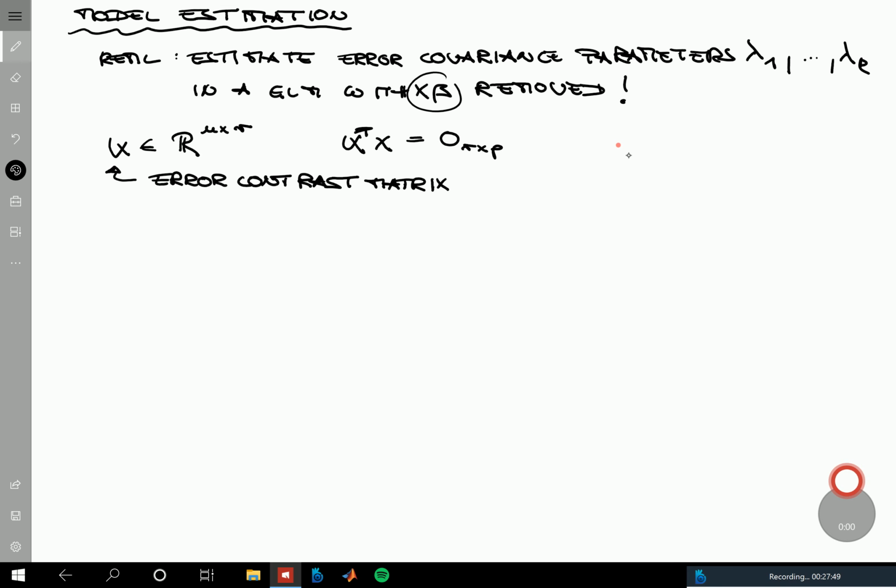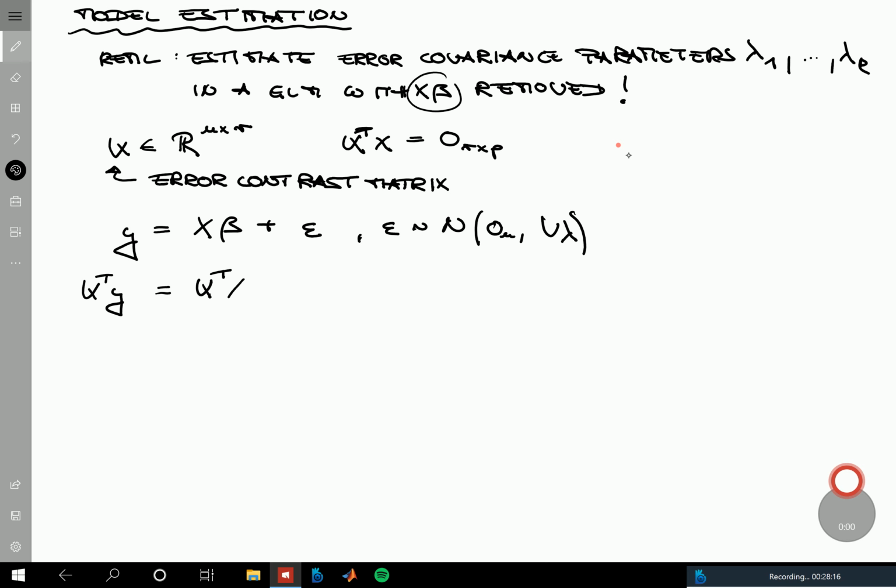Now, let's have a look. So our GLM looks like this. And now we multiply the whole GLM with K^T, like we did last week, and we have a look at what happens.